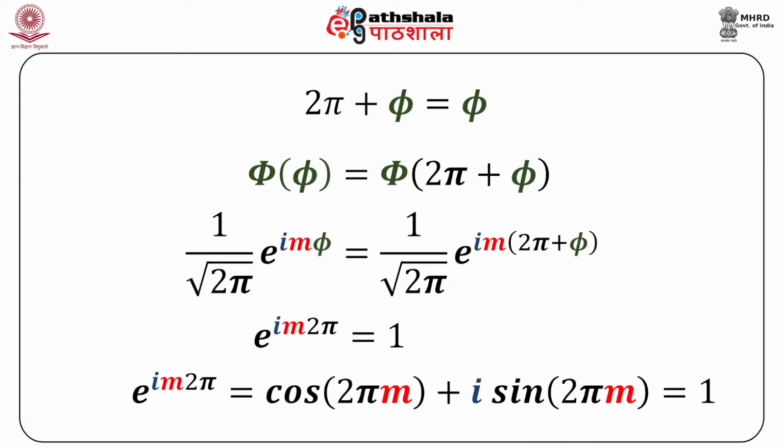Further, you can notice that if the value of phi goes beyond 2π, it will repeat itself. Suppose we have φ equal to φ plus 2π, and we make the substitution, the value will come out to be the same.